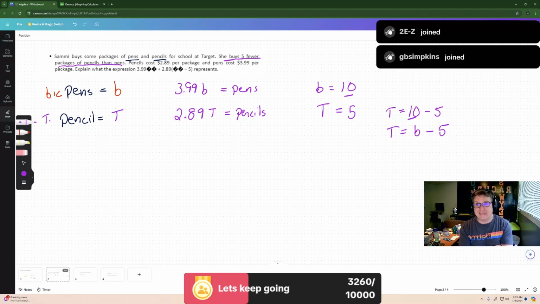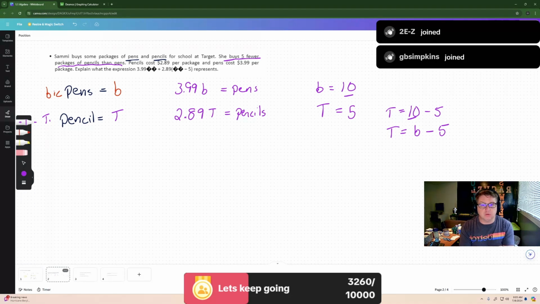If I know I bought 10 packages of pens, then that means I only bought 5 packages of pencils, right? So how do I get that? Well, I take the 10, which is the number of pens that I buy, and subtract 5.